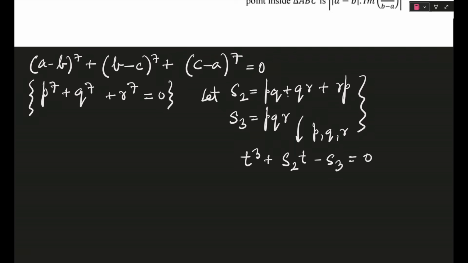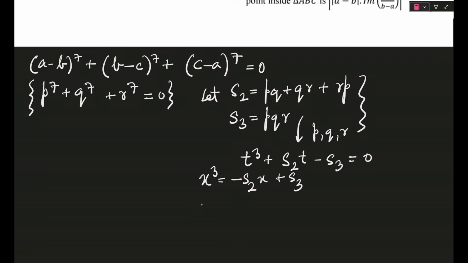So if this is it, then from here we can write x cube as equal to minus S2 x plus S3, where x is a value that is satisfying this equation.